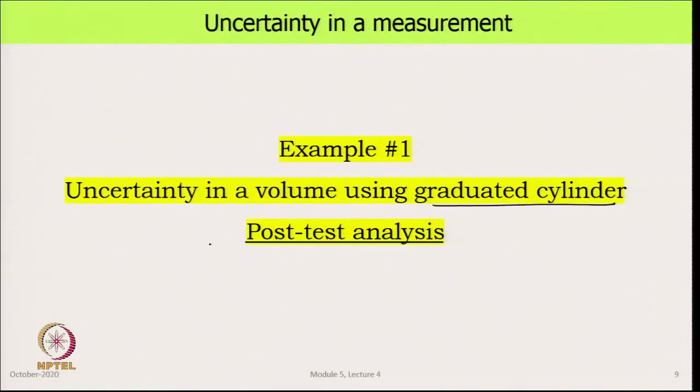So, in that sense, here we are in the post test uncertainty analysis stage. We have data from the measurement. If we were to say which cylinder to take and we want to estimate the uncertainty because of that, we would not have data and that would qualify as a pre-test analysis.